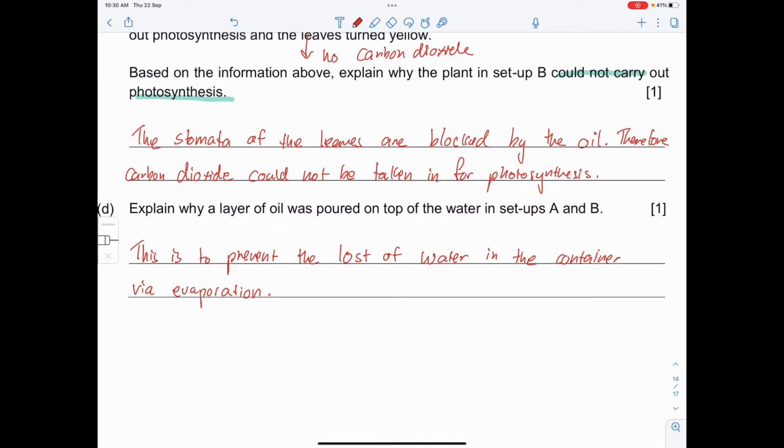Okay, now there is an alternative way you could answer this. You could say that this is to ensure that water is only lost via the roots of the plant. Okay?